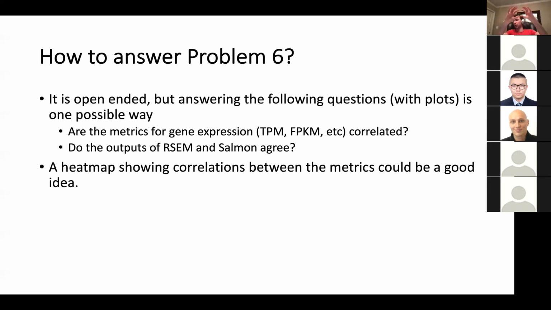So it'd be a 4x4 grid, and each square in that grid would have the correlation between the row and the column. That might be a good approach, but it's pretty open-ended.